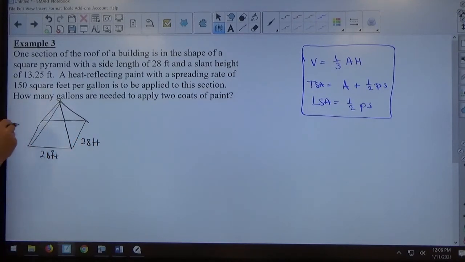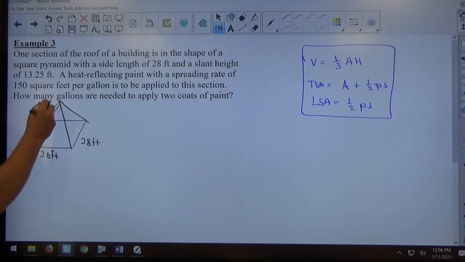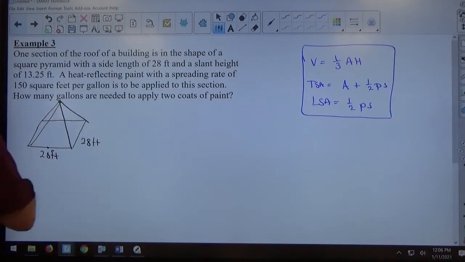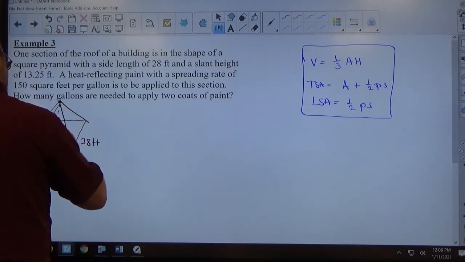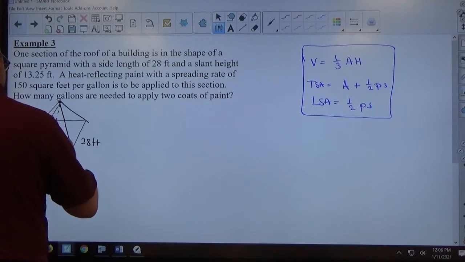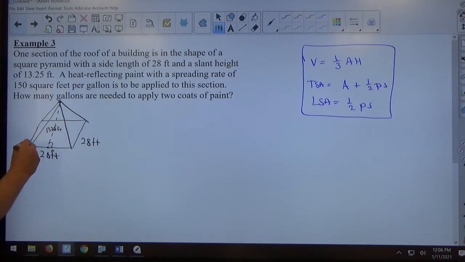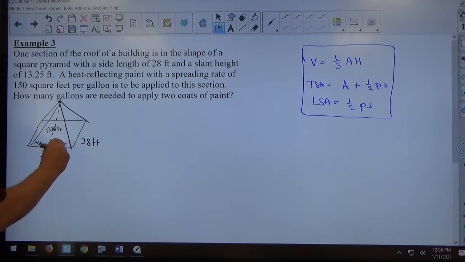The slant height, if you recall from Friday, is the distance from the tip of the pyramid down to the midpoint of one of the sides. So the slant height is 13.25 feet. And that is a 14-foot section there, and this is a 14-foot section here.